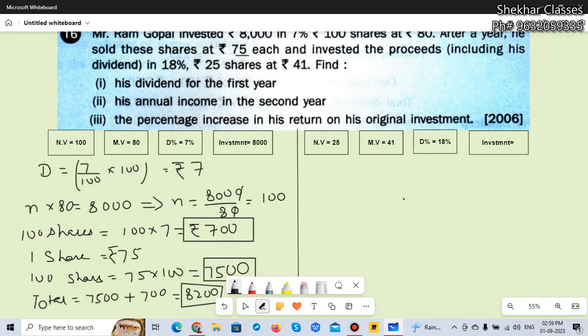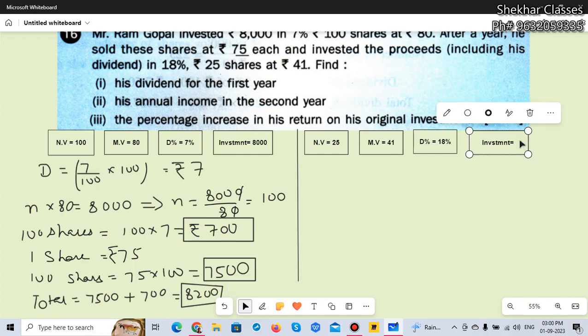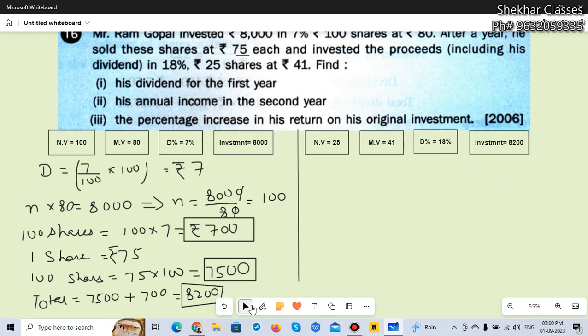Okay, and this amount will be invested where? In the second one, right? In the second company. So what is the investment now in it? That is 8,200. Okay, this is the investment in the second company here. Now, what is the value of one share? Market value is 41. So we do not know how many shares he bought.